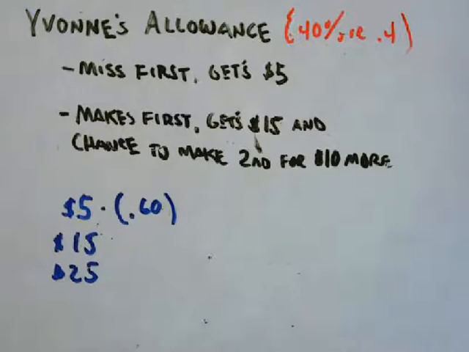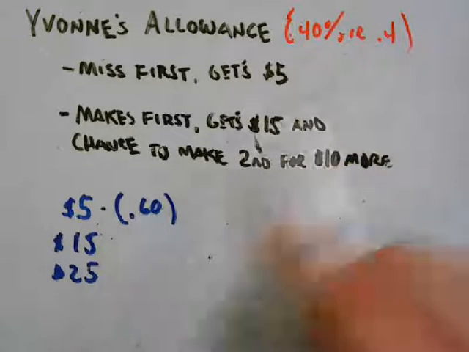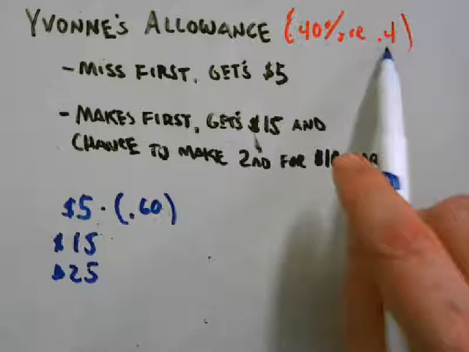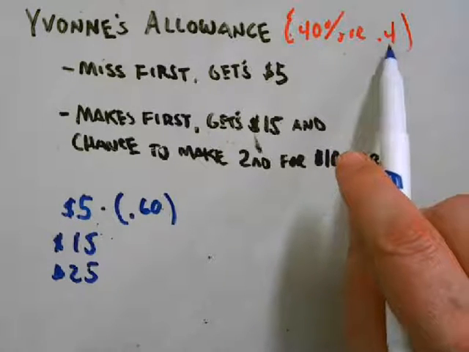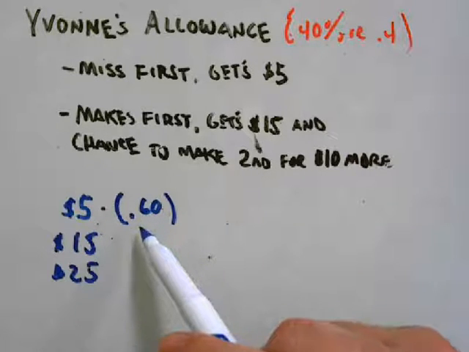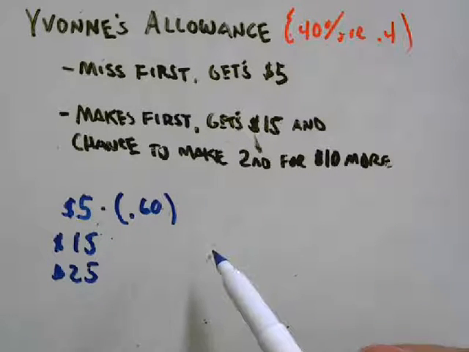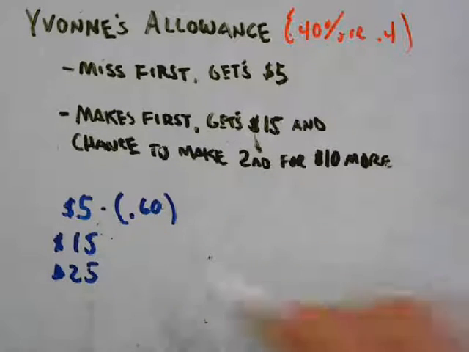I don't know how else to explain that other than if 40% of her shots she makes, the other part of 100% would be the 60%. So the other 60% would be misses. So she has a 60% chance of missing each shot, and she doesn't get another shot. So that would be her probability there.